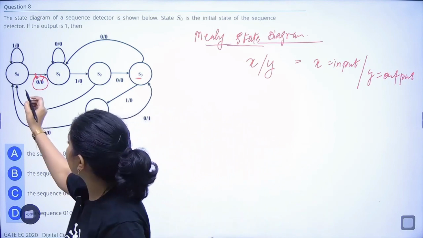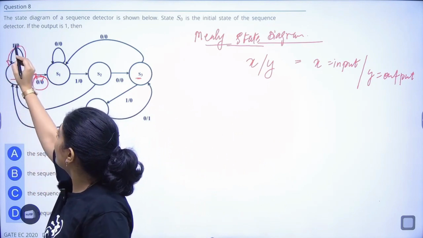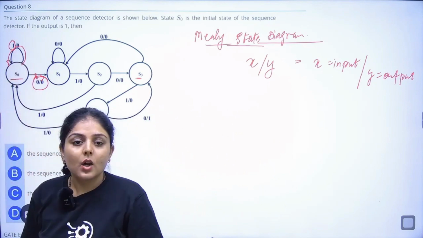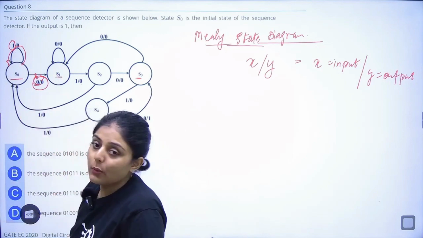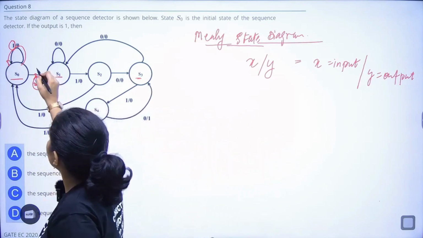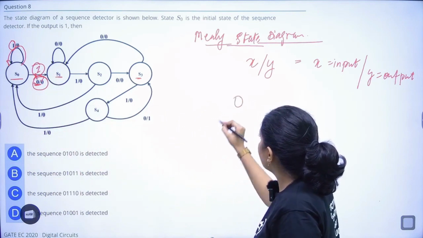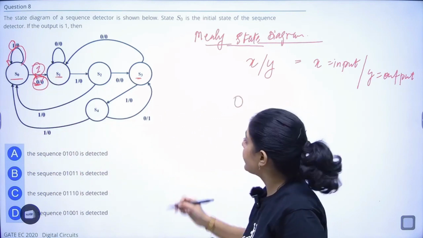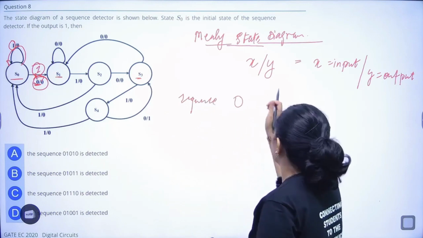So if we start from S0, let's see. S0 will remain at S0 when the input value is 1, but it moves to S1 when the value is 0. So here is the first movement of state, and the value of input should be 0. So this will become our sequence, very easy.